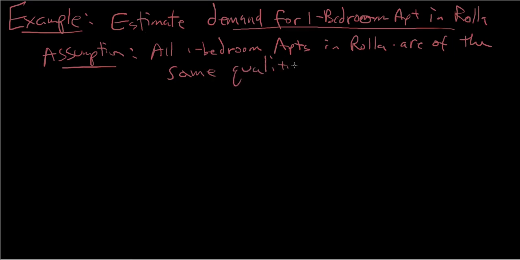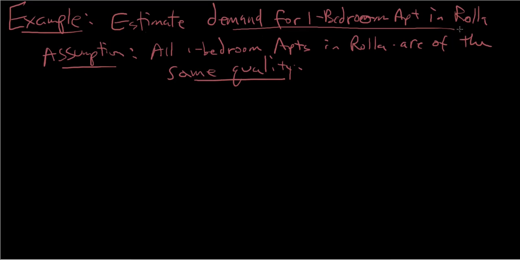Of course, in reality, they are different, but to make our life simpler, we're going to assume that all one bedroom apartments in Rolla are the same quality. So with this simplifying assumption, let's try to estimate the demand for one bedroom apartments in Rolla.